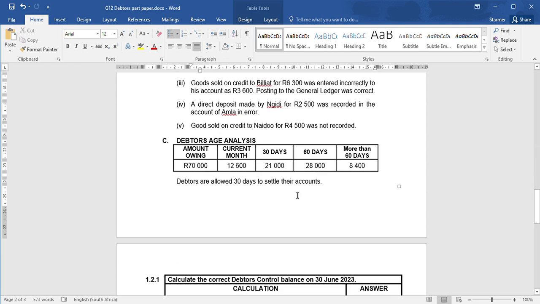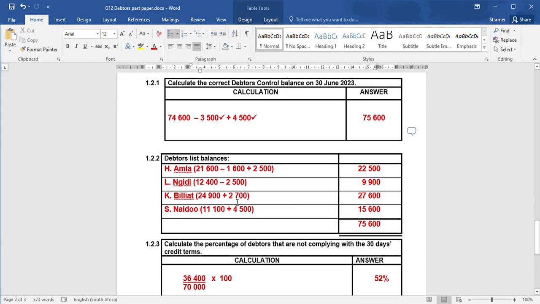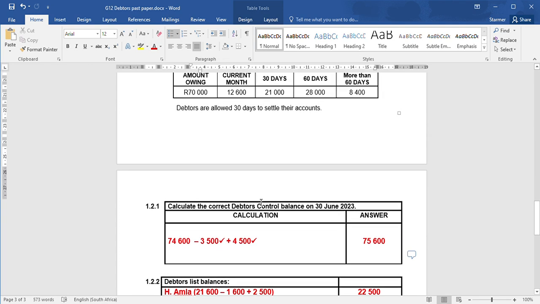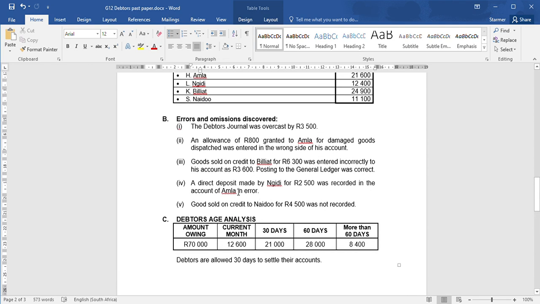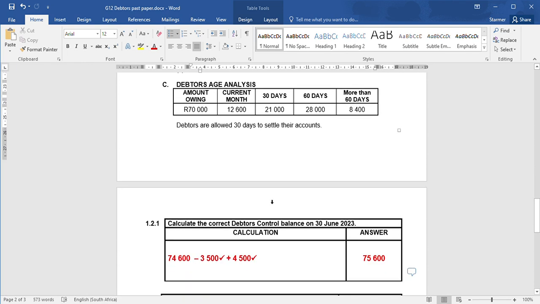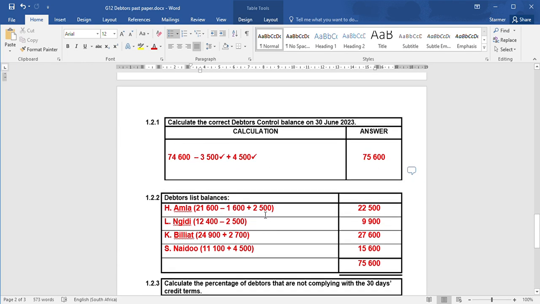So we need to add 2,700 Rand, which is the difference, onto what he owes us. In the next one, the direct deposit made by Ngidi was recorded in the account of Amla. So it was Ngidi that was paying us back, and we said Amla paid us back. So we need to add back to Amla 2,500 and subtract from what Ngidi owes.